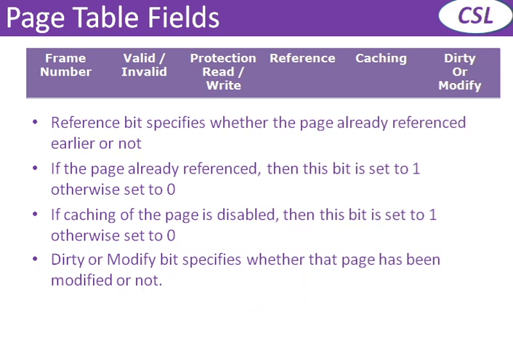And the dirty or modify bit, this is the last field. Generally we use this dirty or modify bit when a page fault occurs. How can we identify a page fault? If the page is invalid, then only we go with the dirty or modify bit. We know that if the page is invalid, that is a page fault.